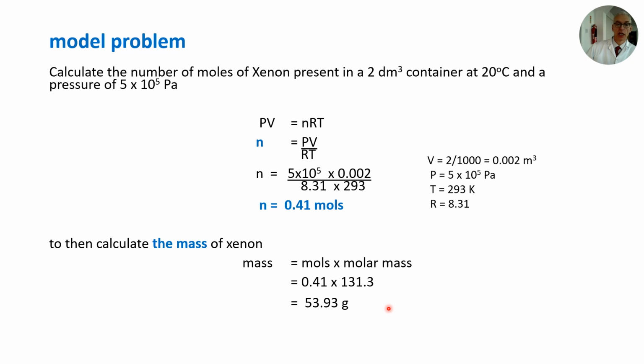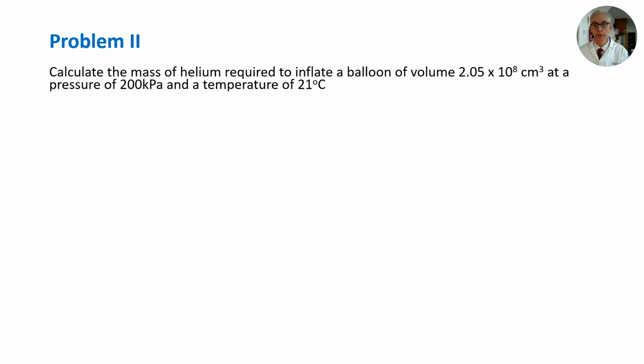I'd like you to try a problem of your own. So here is that problem. Calculate the mass of helium required to inflate a balloon of volume 2.05 times 10 to the 8 centimeters cubed, please note, at a pressure of 200, please note, kilopascals and a temperature of 21 degrees Celsius.